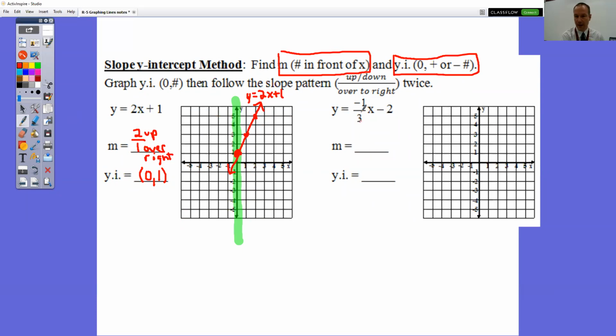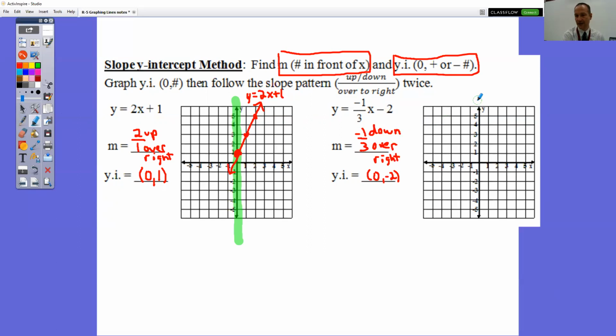Let's try one more. Your slope is the number in front of your X, so your slope is negative 1/3. Now that negative really means down 1 over 3. And remember, we always go over to the right. Your Y-intercept is 0, comma, -2. It's -2 because of the -2.